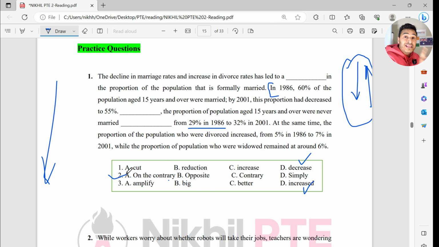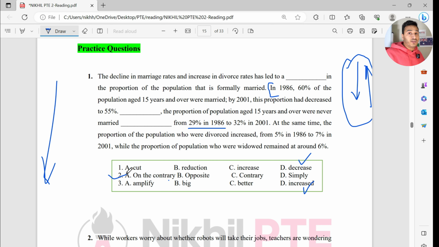Here you are very near to your answer. But opposite and contrary, these two words are not matching in this situation. On the contrary, on the other hand, these are the opposite words. We say opposite, but it doesn't make sense to put opposite here, because writing is different from speaking sometimes.